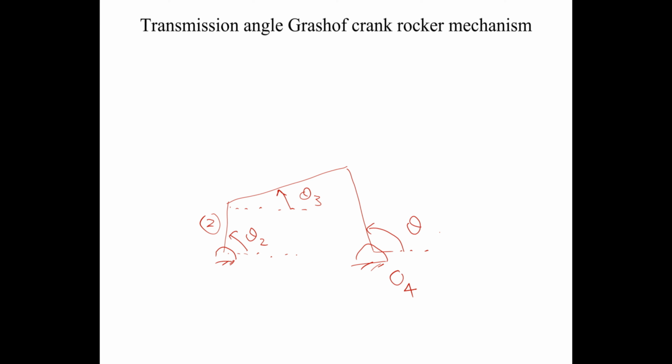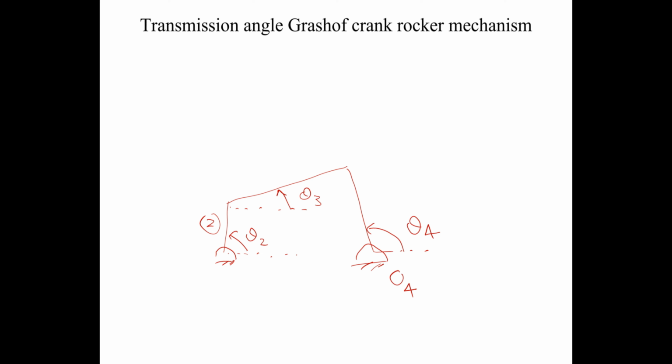For example, if you have a synthesized 4-bar mechanism and you have already done its position analysis, position analysis means that you know theta 2, the position of link number 2. You also know the position of link number 3, which is theta 3, and then you also know the position of link number 4, which is theta 4.